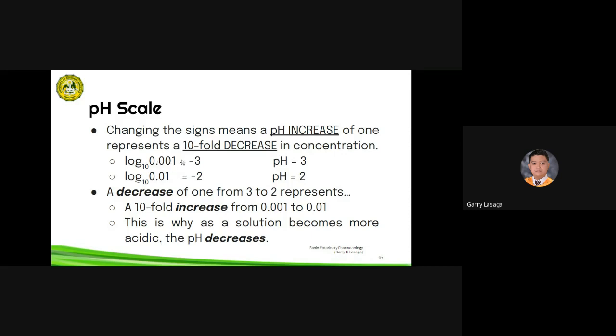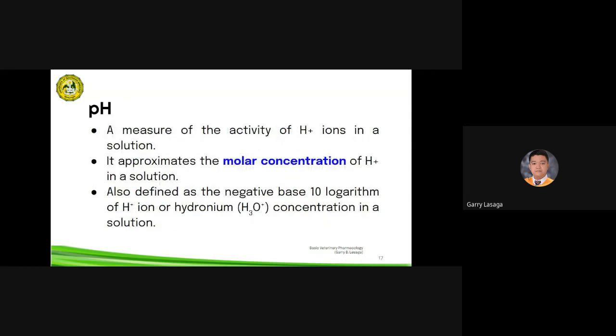So this 0.001 becomes 0.1, meaning that there is a 100-fold increase in the concentration of our hydrogen ions.